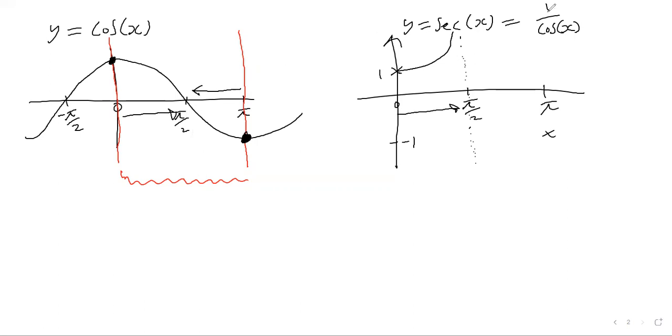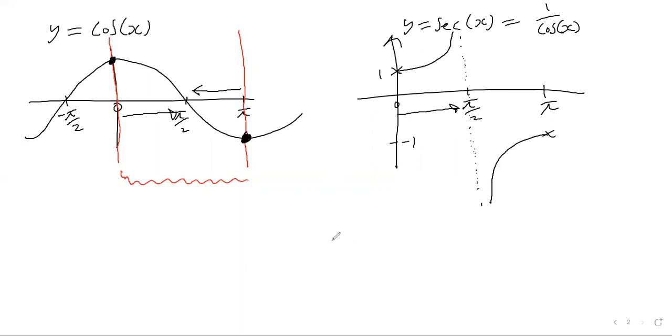When you divide 1 by a number whose magnitude is getting smaller and smaller, it tends to negative infinity. So the sec graph does something like this, and again it won't touch the pi over 2 asymptote, because cos of pi over 2 is 0 and 1 divided by 0 is not defined. So a sec graph looks something like this on this restricted domain.